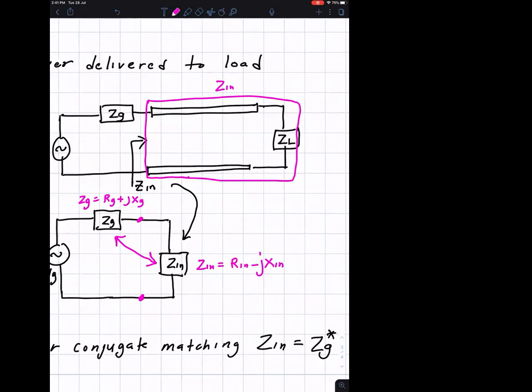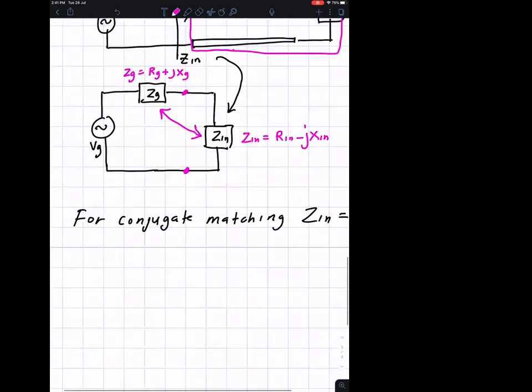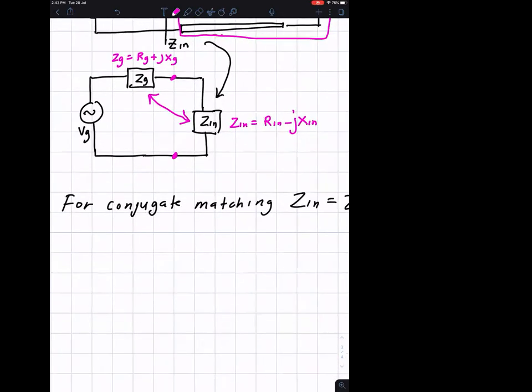Do you guys remember studying electrical circuits last time? For example, if I want maximum power transfer, talking about a low frequency circuit, from circuit theory.